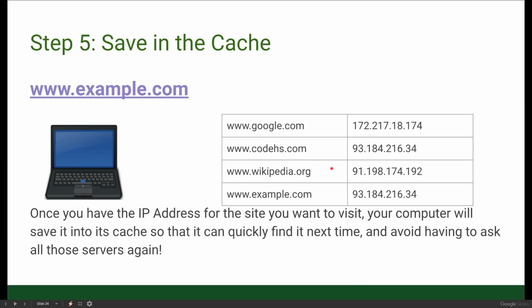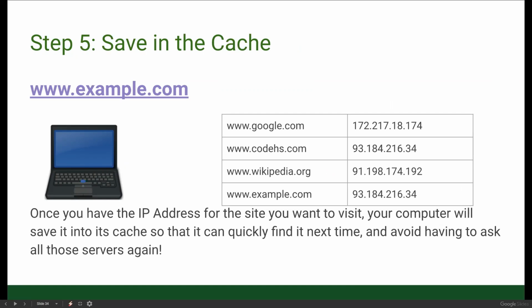Now that we have that address, we're going to save it into our cache in case we want to visit example.com or www.example.com again soon. We want to find it very quickly rather than having to ask all of these servers again. If we have it in our cache, it's almost instantaneous to find that IP address.